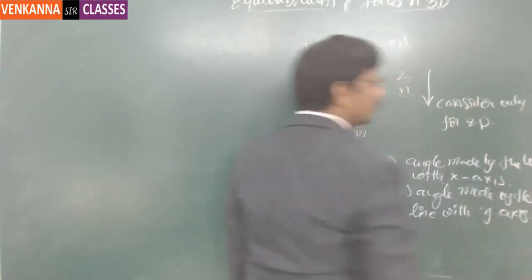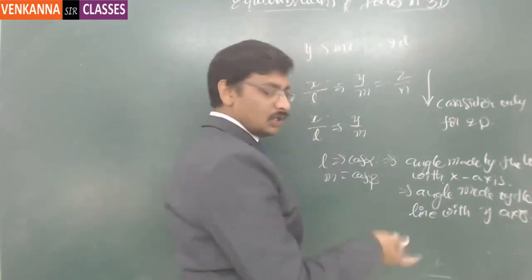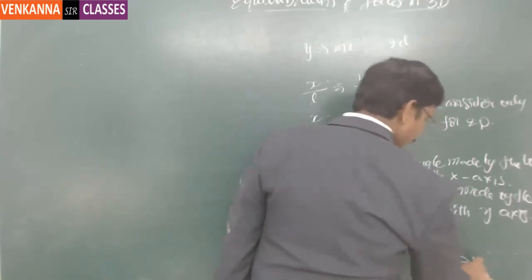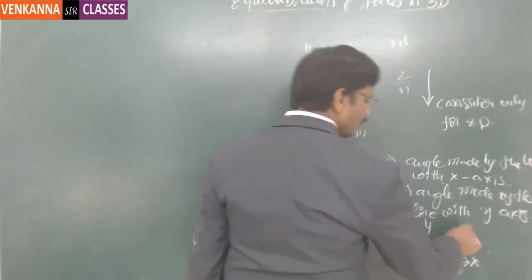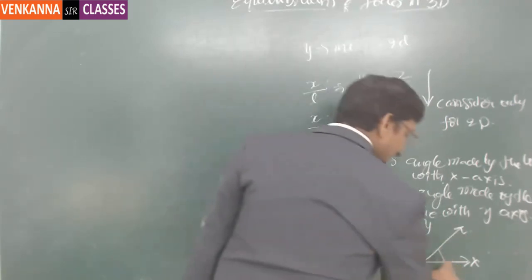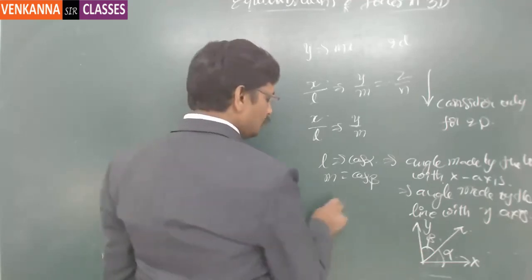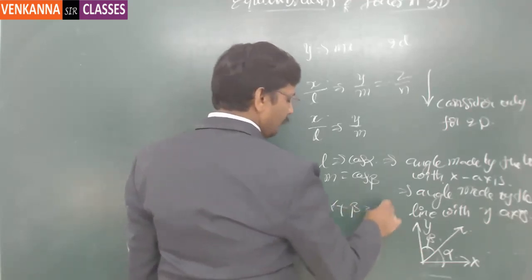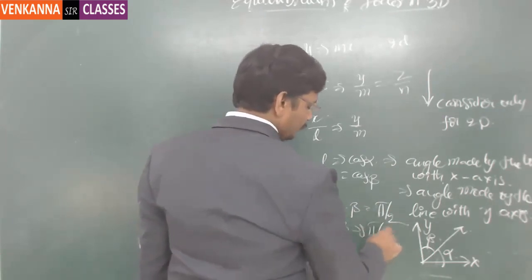Now if there is nothing like the z-axis, then obviously alpha and beta are interrelated, because this is the x-axis and this is the y-axis. If there is no z-axis, then the only way of the line is this one. If this is alpha and this is beta, then the relation between the two is alpha plus beta is equal to pi by 2, or beta is equal to pi by 2 minus alpha.